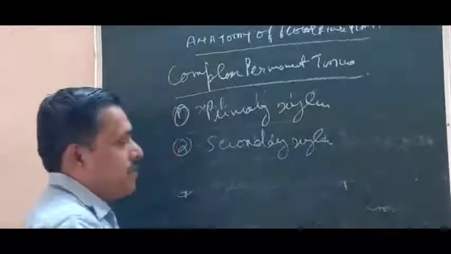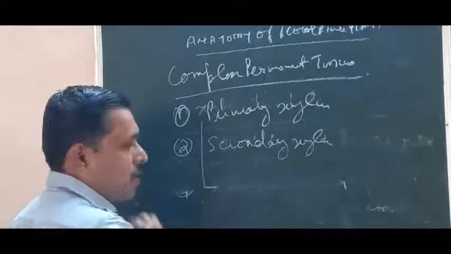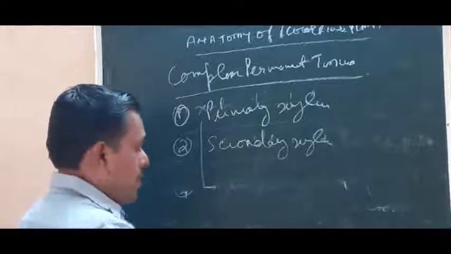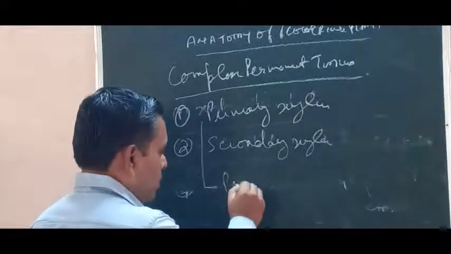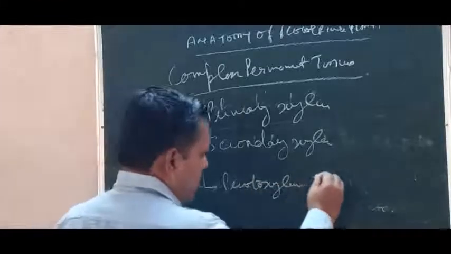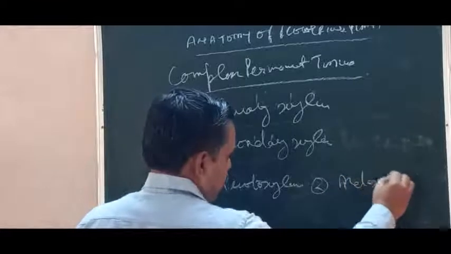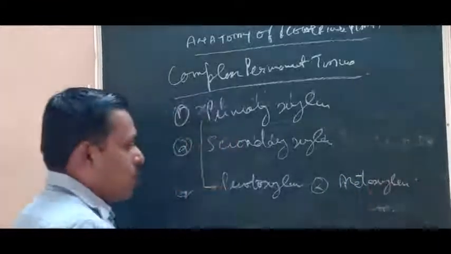In the primary xylem, there are two stages. First is called protoxylem and second is called metaxylem.